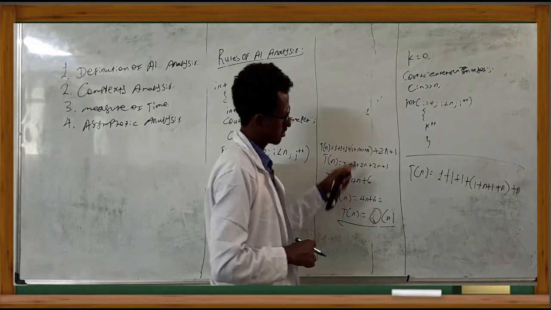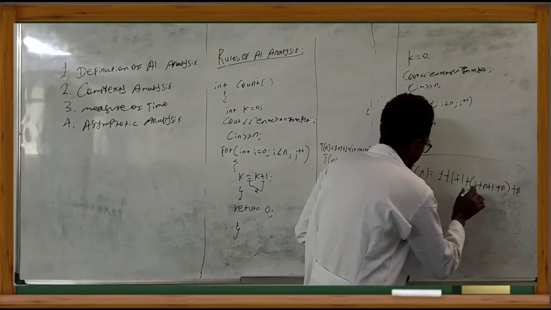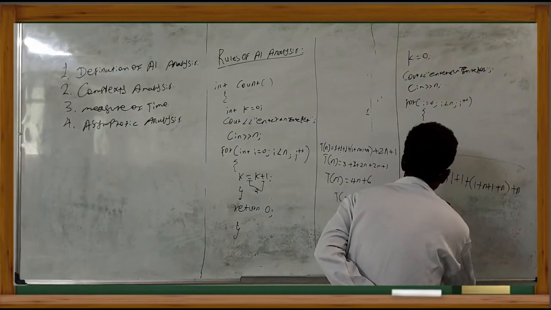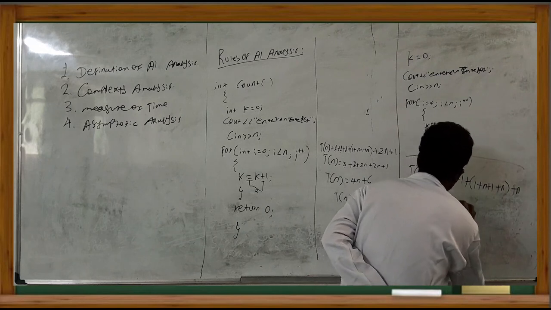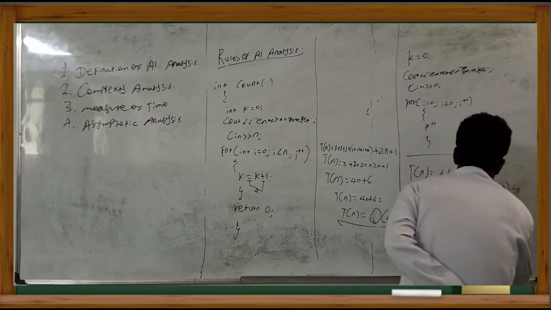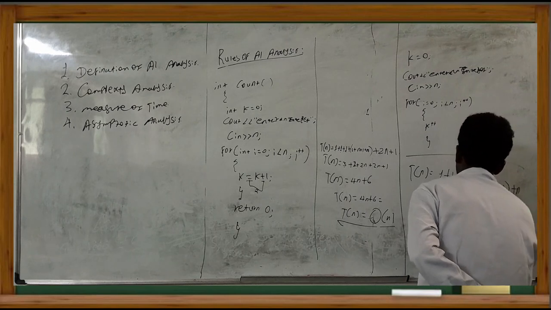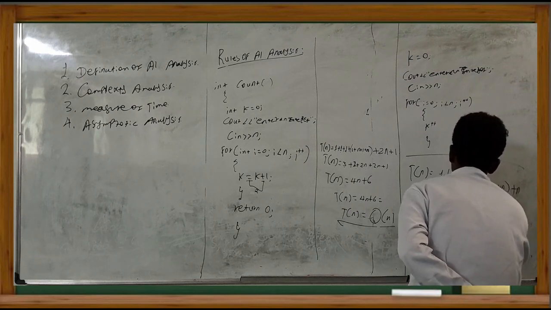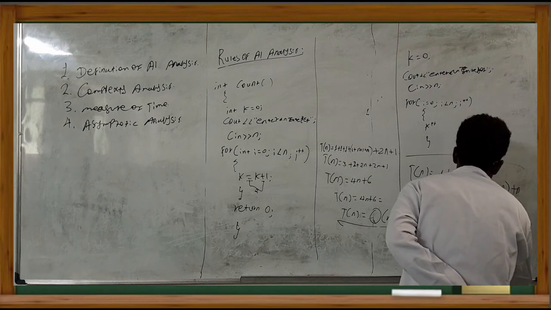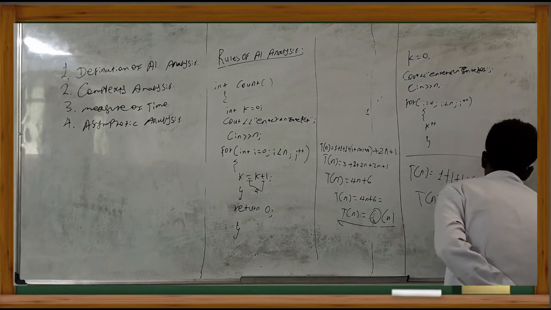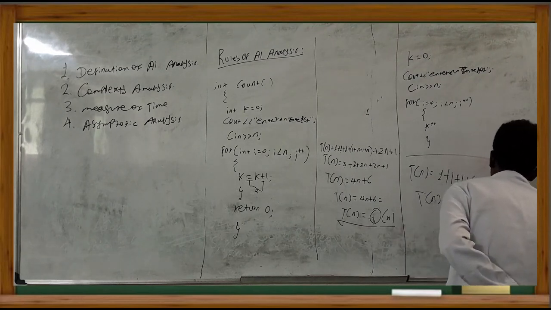So to compute this, we sum up all these Q of n computations. Q of n is equal to 1 plus 1 plus 1 plus 1 plus 1, I think 5, plus 3n, 2 plus 2n plus n.